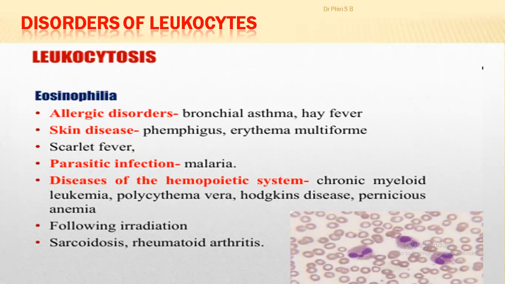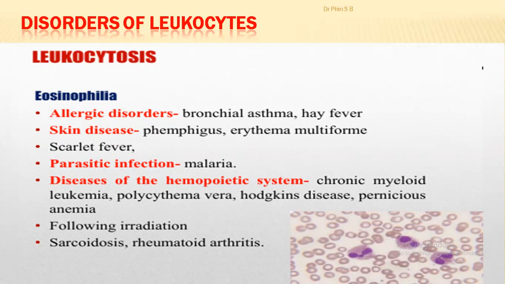Then sometimes following radiation, sarcoidosis, or rheumatoid arthritis. Rheumatoid arthritis is inflammation of more than 2 joints. It is an autoimmune disease that affects the joints.